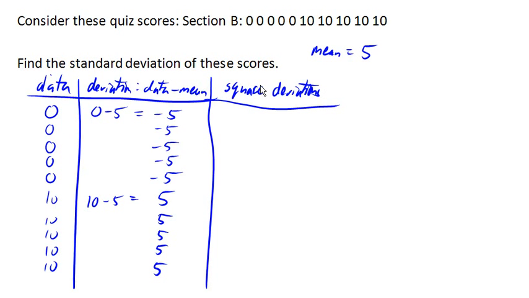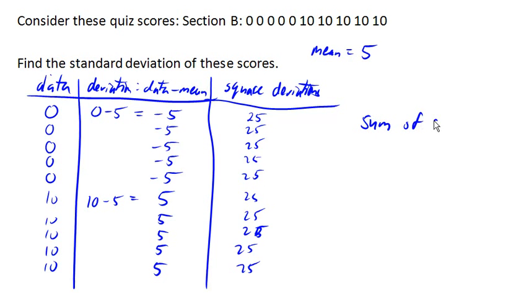So -5 squared is 25, 25, 25, 25, 25, 25, 25, 25, and in this particular case, it's very easy to calculate, too. And so we find all of our deviations there. So now we're going to find the sum of those squared deviations.